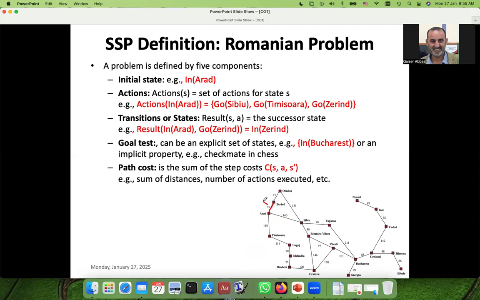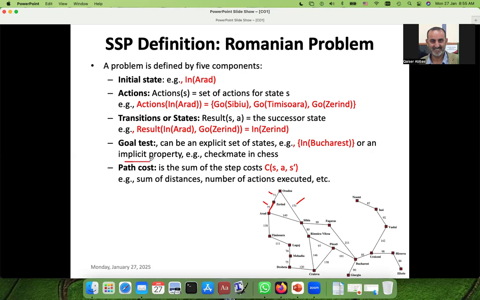This is the path cost for it. Similarly, 71 is the path cost from Serend to Oradi, and from Oradi to Sibiu, 151 is the path cost. For this problem, this is the path cost. For a different problem, the path cost can be different. Here the path cost is given.